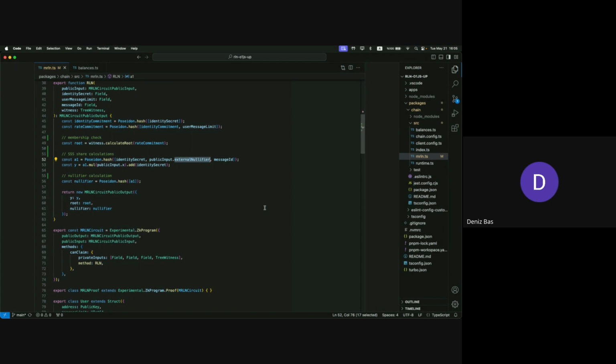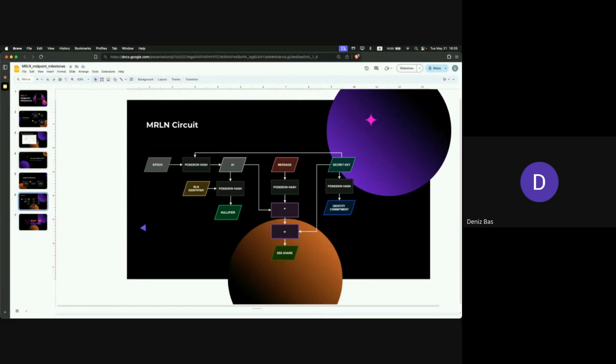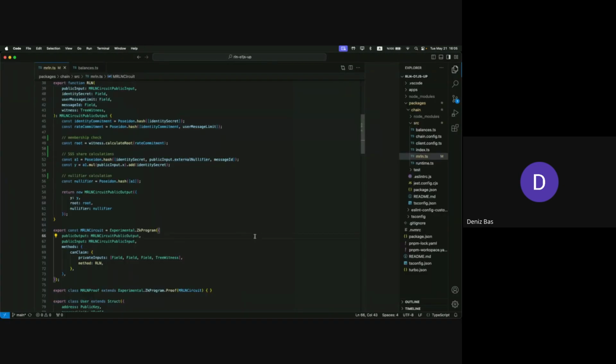It's required so that the user can securely use the same private key in different RLN applications, and it also allows the user to have different values of the coefficient a1, because as you remember, a1 is the hash of epoch and a0, where a0 is the secret. So it makes the polynomial different.